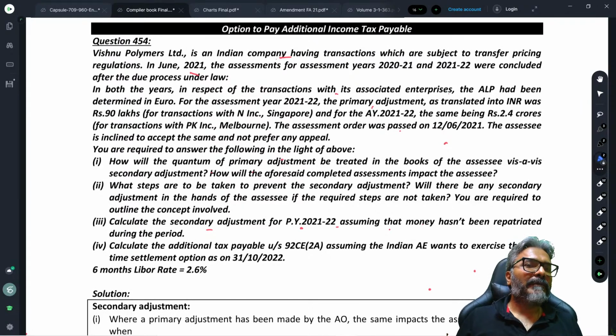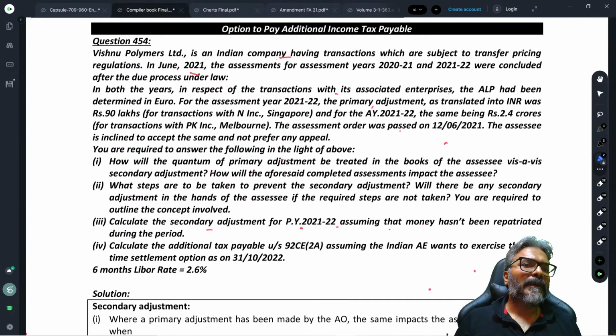In June 2021, the assessments for AYs 20-21 and 21-22 were concluded after the due process under the law.